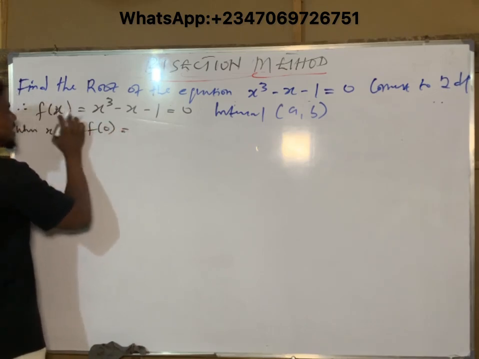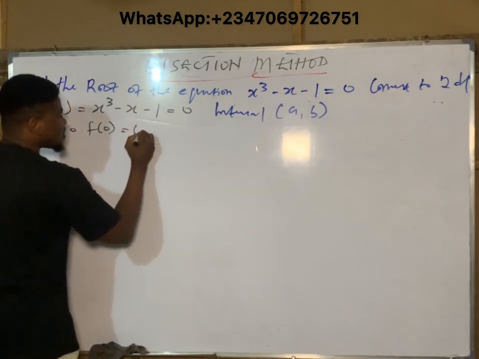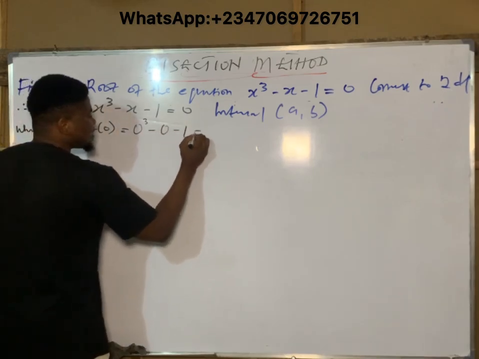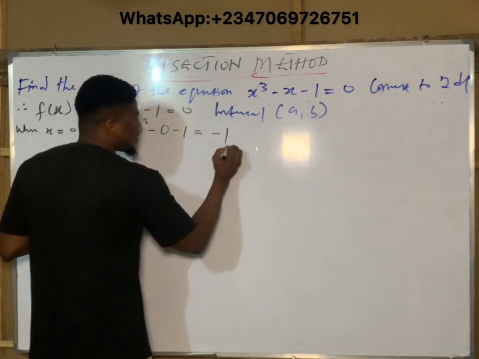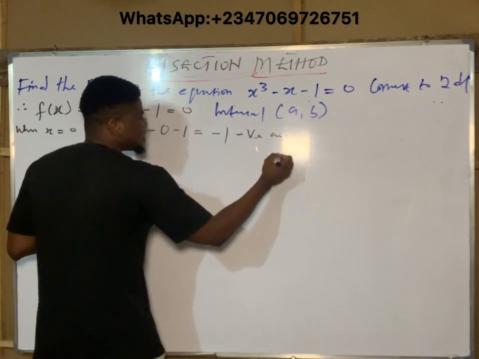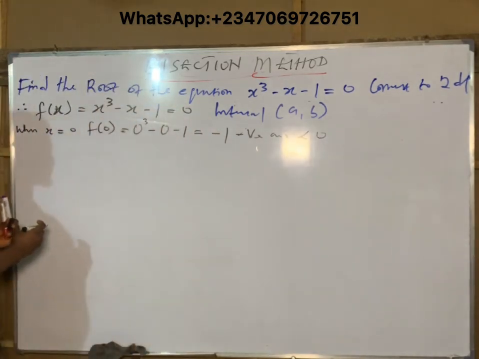This means anywhere you see x in this equation, plug in the value as 0. This is going to be 0 to the power of 3 minus 0 minus 1, and this is going to give us negative 1. Now this value is negative and it is less than 0.